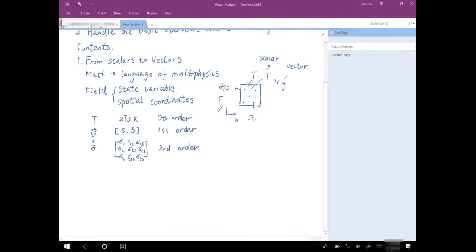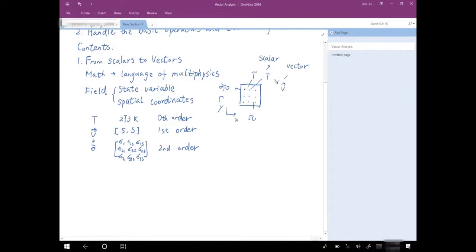And second, let's talk about a few more things that we want to know about. So first, for a scalar, the thing is that a scalar does not change with the coordinate system that you choose.